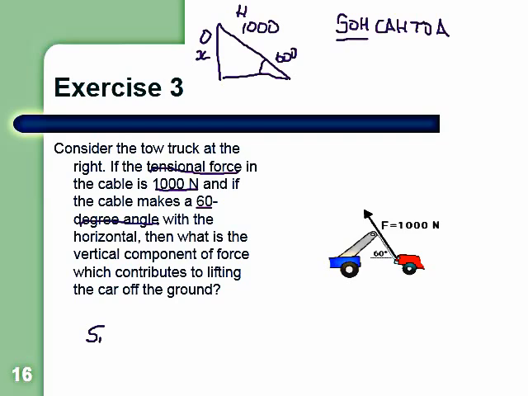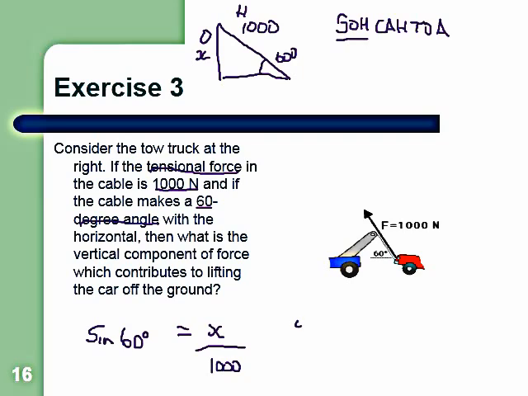So sine of 60 degrees equals the opposite, which is our unknown, the vertical component divided by 1,000. Okay, we do a bit of rearranging of that.